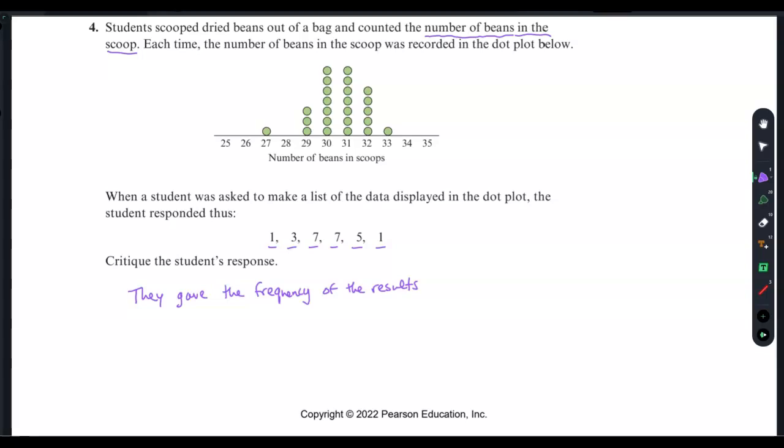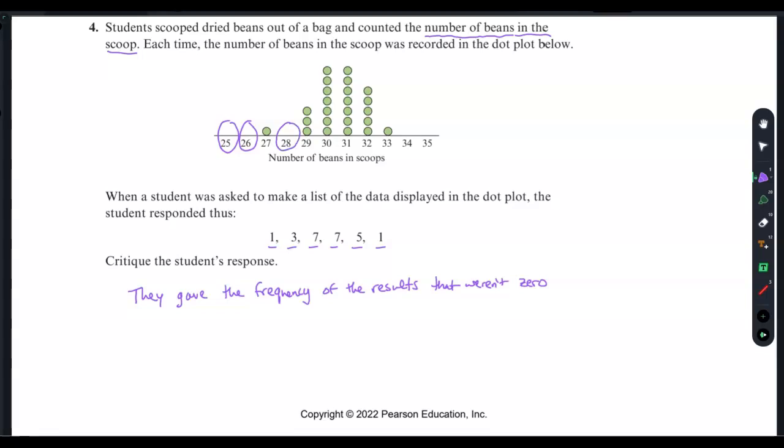Also, I think it's important to note that they didn't give me all the frequencies. They gave me the ones that weren't 0. They didn't mention that there were no scoops with 25 beans and no scoops with 26 beans, and especially this one.